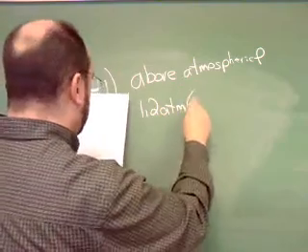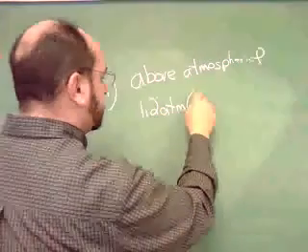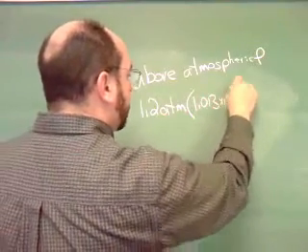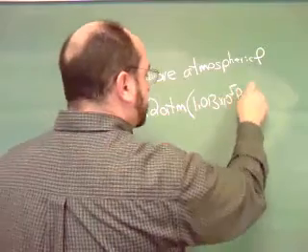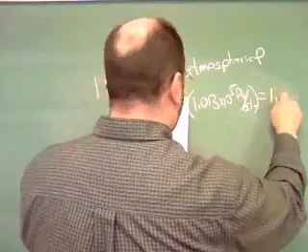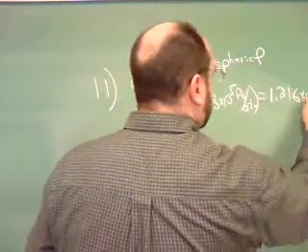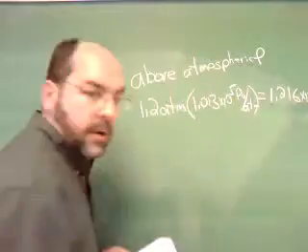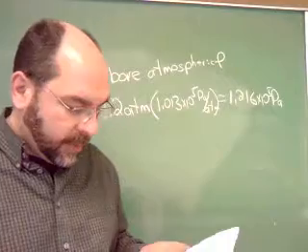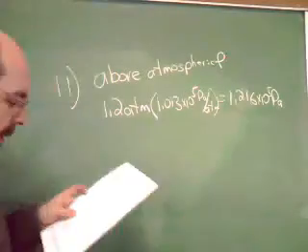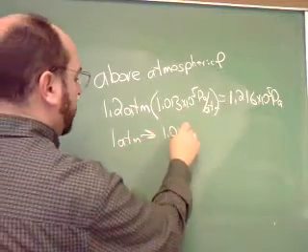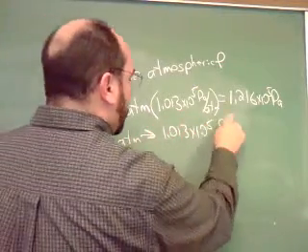If we convert that into pascals, 1.013 times 10 to the 5th pascals per atmosphere, we get 1.216 times 10 to the 5th pascals for our absolute pressure for our balloon in that case. The other one is just 1 atmosphere, so that's going to be 1.013 times 10 to the 5th pascals.